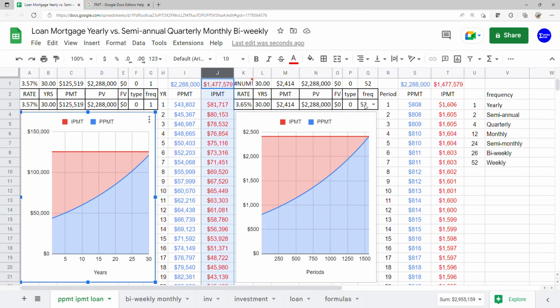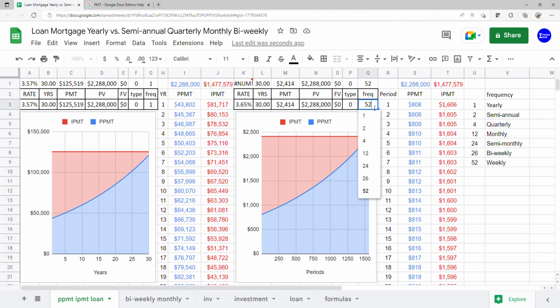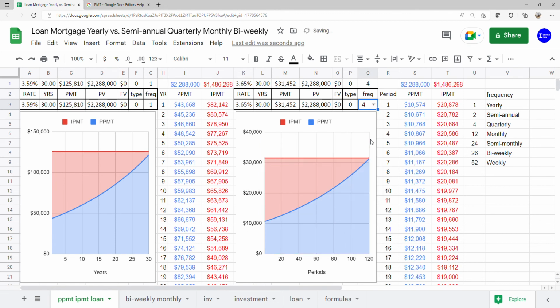Suppose I change this to quarterly payment. So these values are equal. Our yearly interest rate is 3.59, still lower. Change this to every 6 months, so semi-annual.